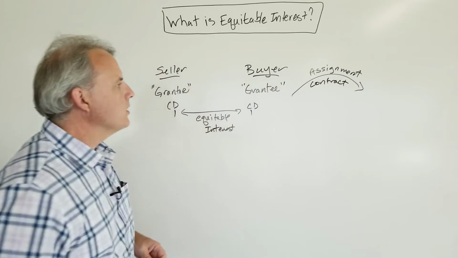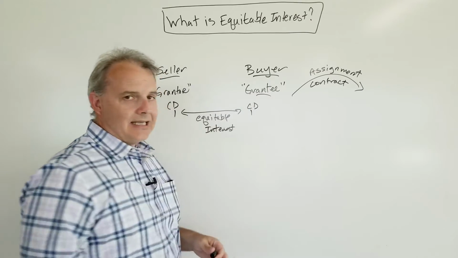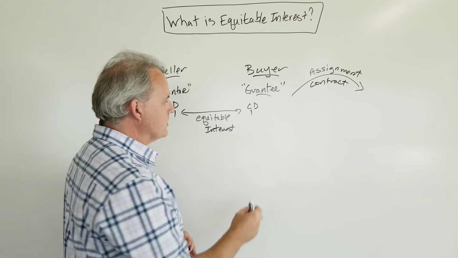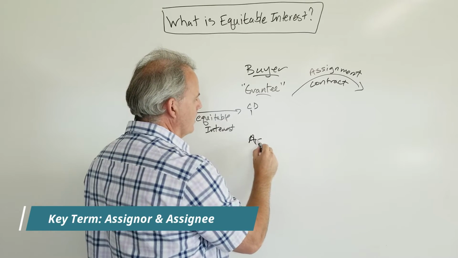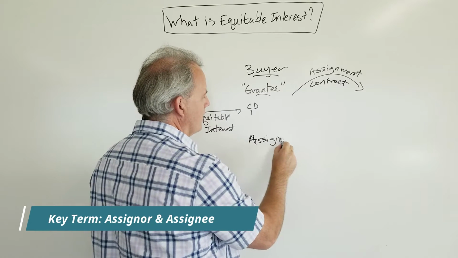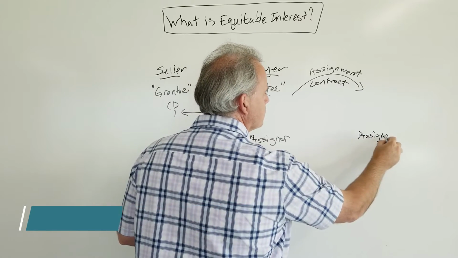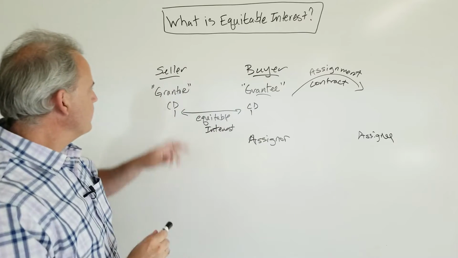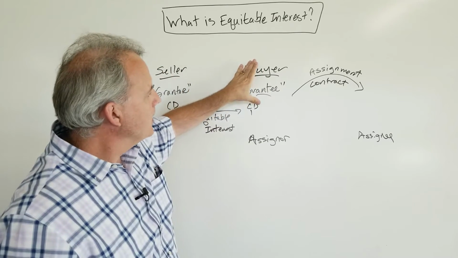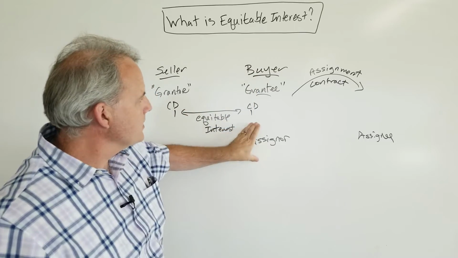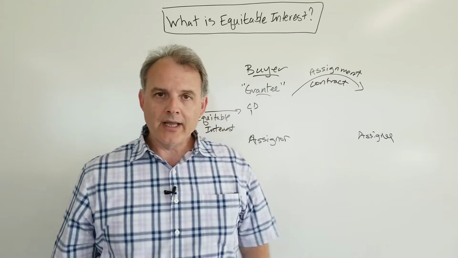So when that happens, the buyer, who's right now the grantee because they have the equitable interest, their name changes. They become the assignor, A-S-S-I-G-N-O-R, and then this person over here becomes the assignee. So we have grantor and grantee in the purchase contract, and then the grantee, who has the equitable interest, assigns their equitable interest to someone else.